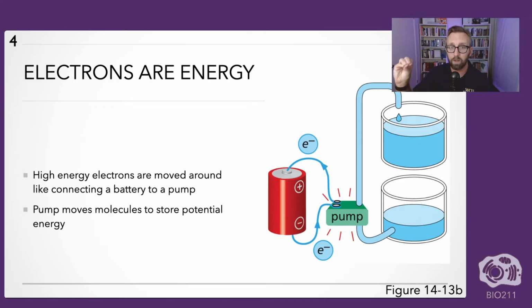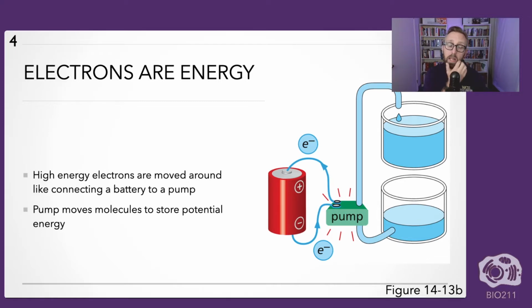So electrons are involved, but energy can also be a stored concentration, right? So those protons that you put up in there flow across on their own. And that's the idea in the second point there of pumps moving molecules to store energy. When you move those hydrogens, you haven't stored electrons. It's not a battery, right?